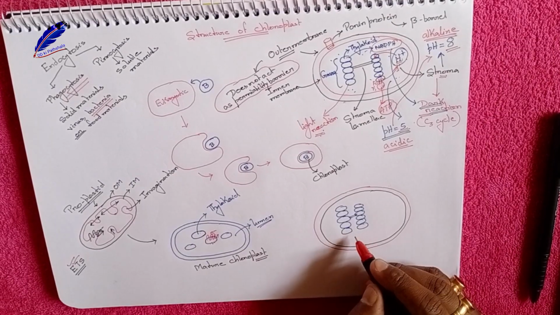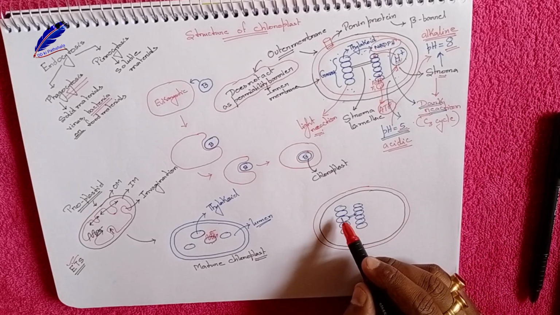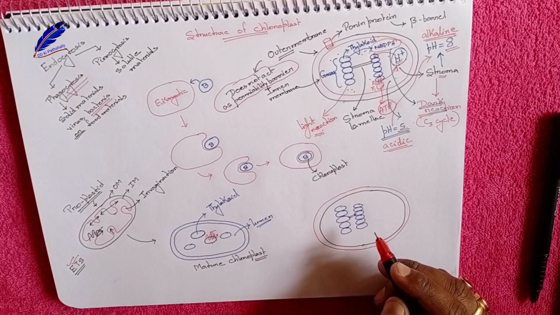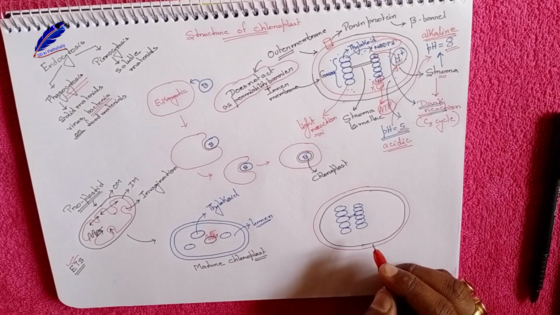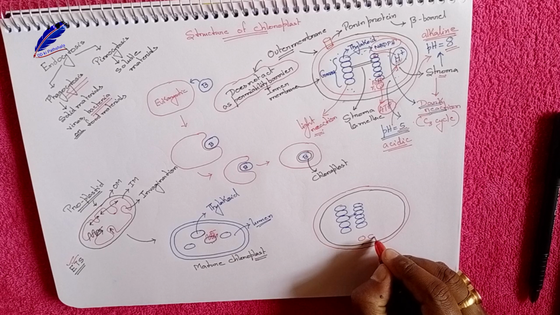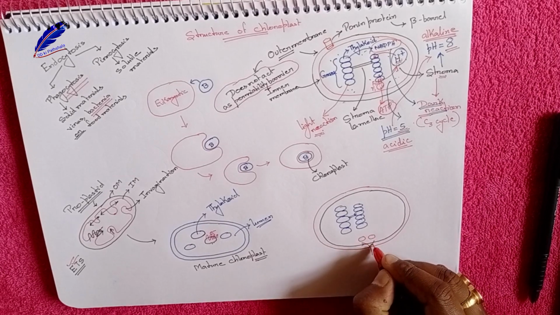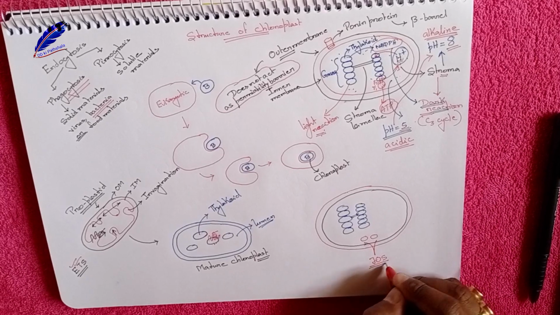So suppose this is a chloroplast having the outer and inner membrane, and the thylakoids are piled upon one another to form the grana. Beside this, the chloroplast, as it is prokaryotic in nature, will have ribosomes of 70S type.